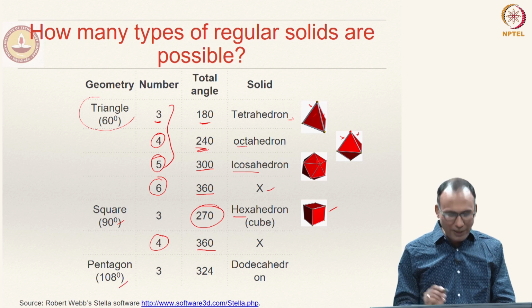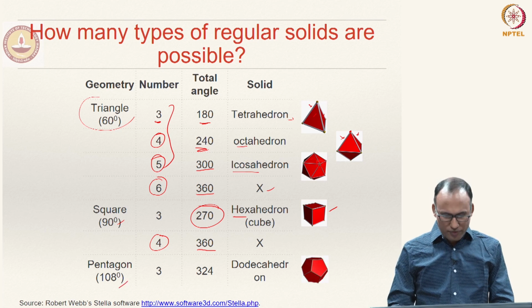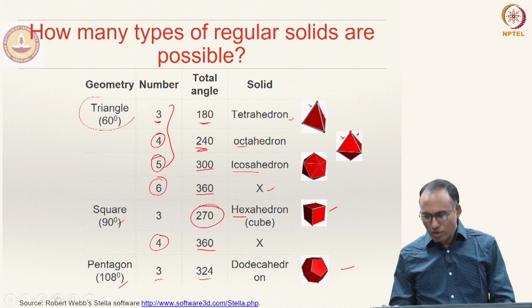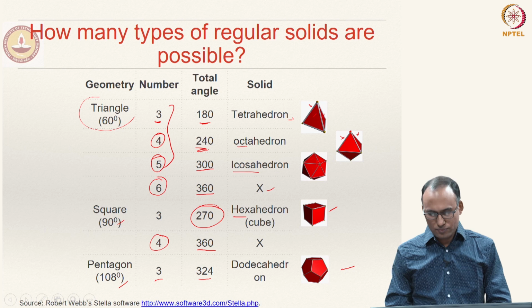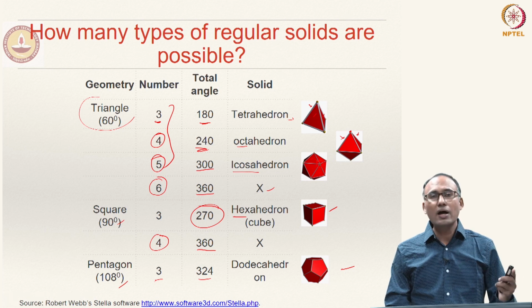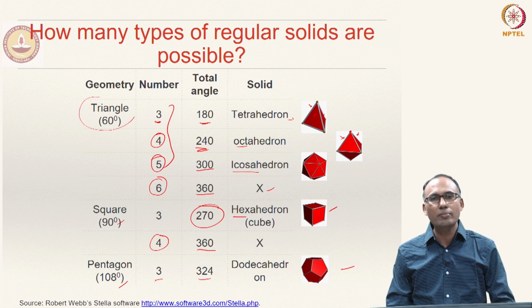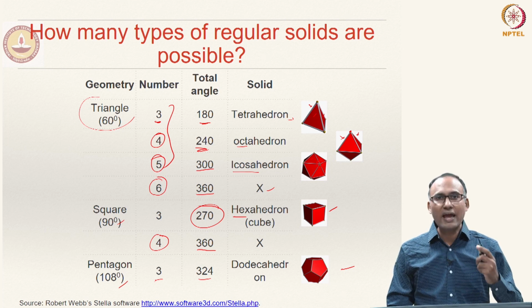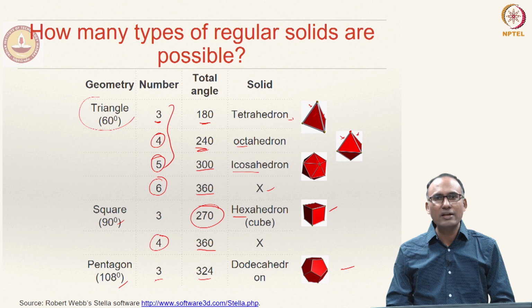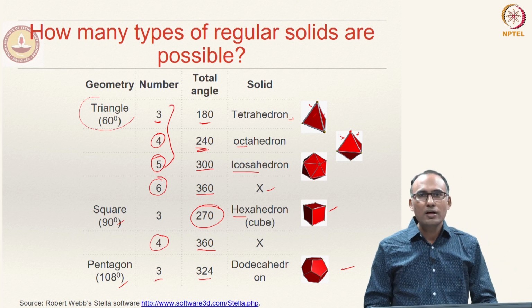Now, let us talk about pentagons, 3 of them, 3 times 108 is 324 and that is our dodecahedron, right. And if you take 4 of the pentagons, that is going to be more than 360, hence it will not be possible. And let us take a hexagon, 3 of them will meet, then 3 times 120 will be 360 and hence it cannot be a regular solid.